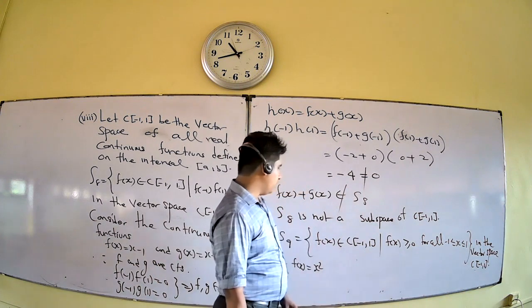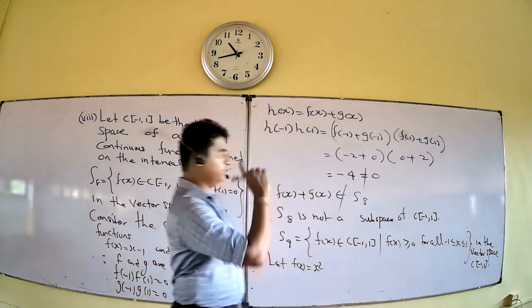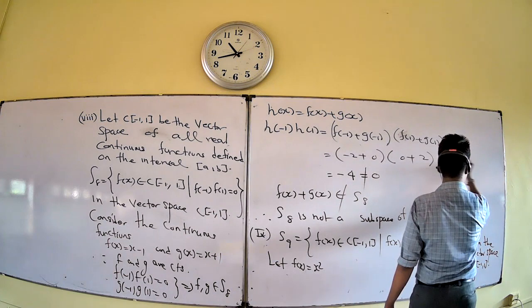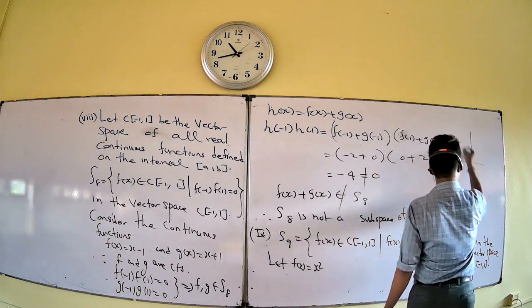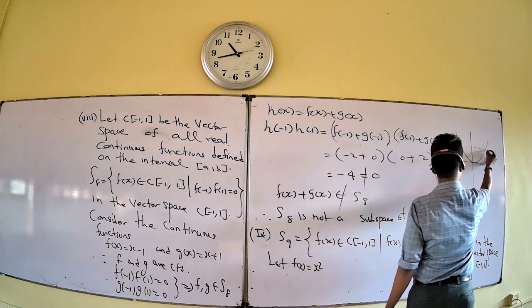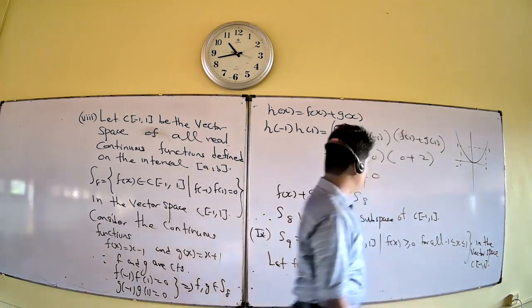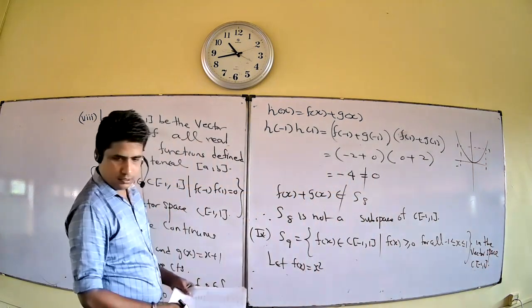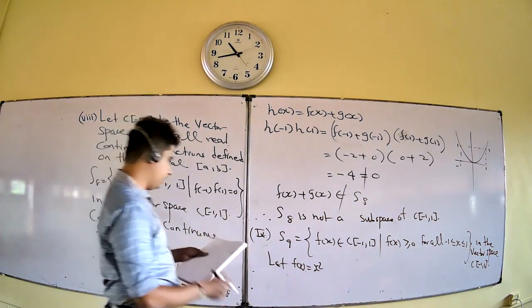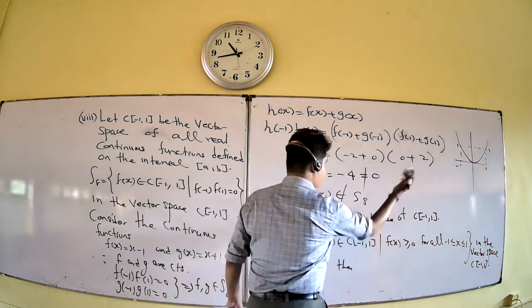It's a parabola function, no? Passing through 0, 0 and the points minus 1, 1 and 1, 1, it's a parabola. This one is continuous on minus 1 to plus 1, no?